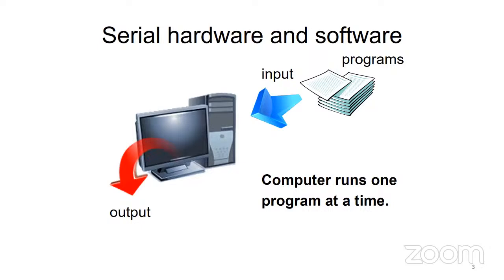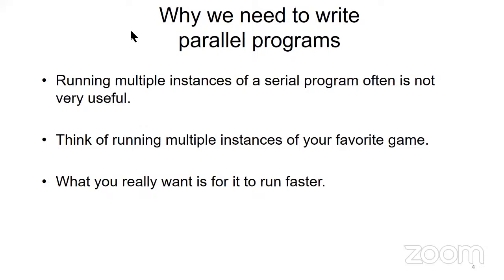In traditional computing, the program is written by the user and fed to the system as input, and the program runs accordingly. The computer runs one program at a time, but the computation time is more in traditional computing. So why do we need parallel computing?